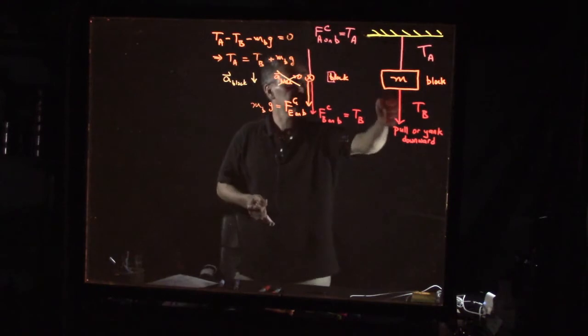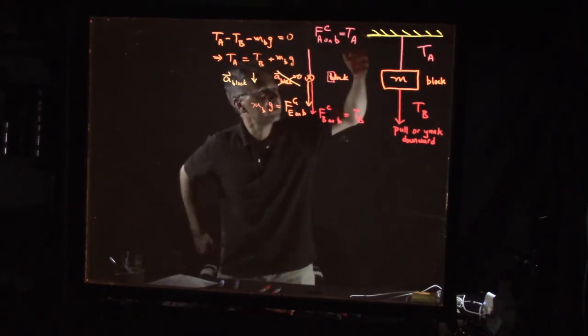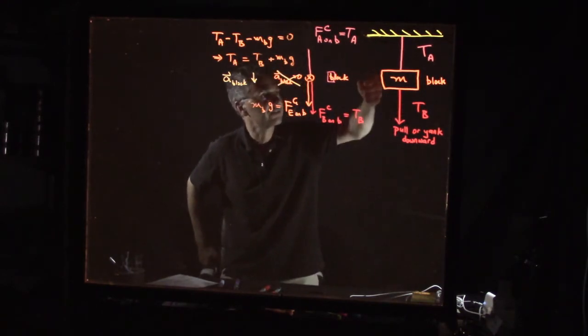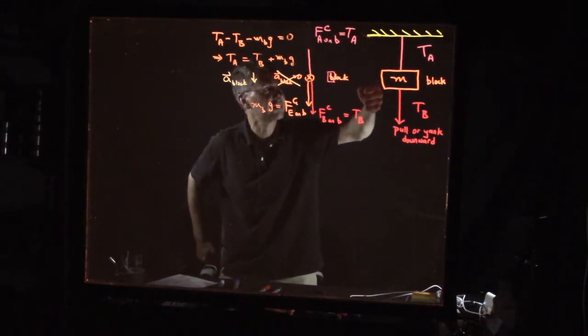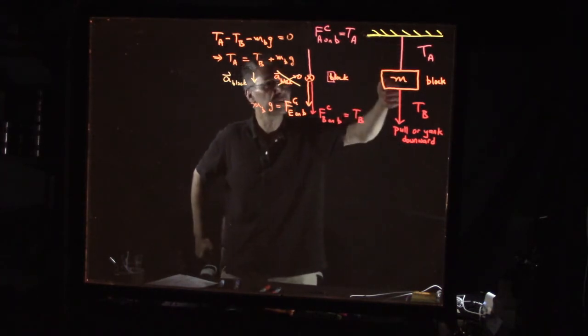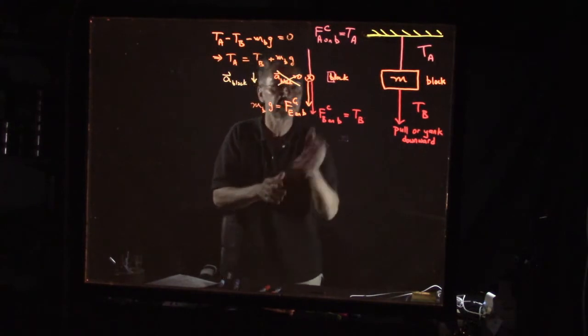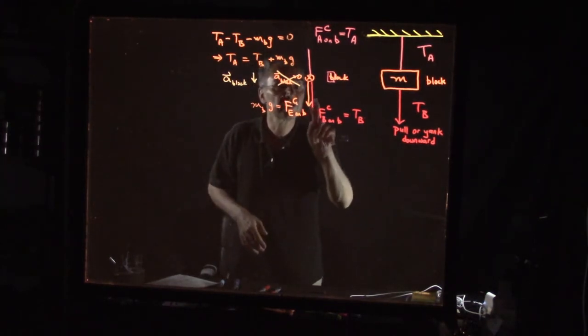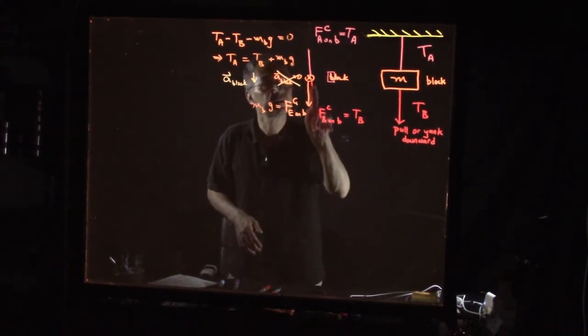So you imagine the lower string is just slack. I haven't started pulling down yet. So this lower string is slack, it's not taut yet. Then this upper string is simply supporting the weight of the block, and the tension in this lower string is 0.